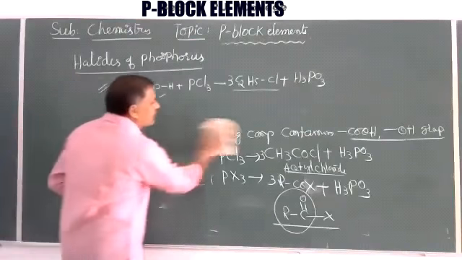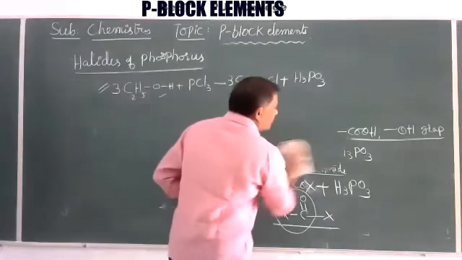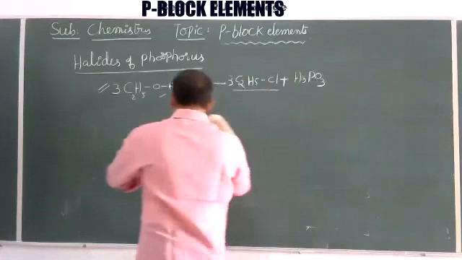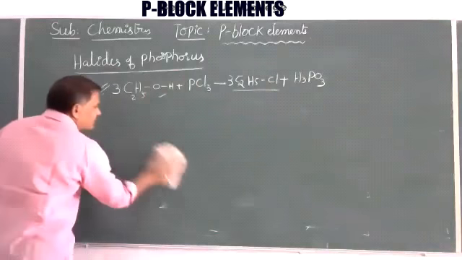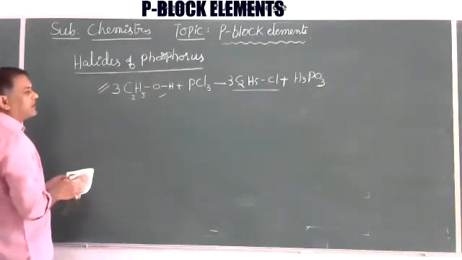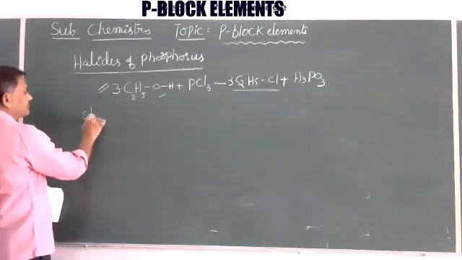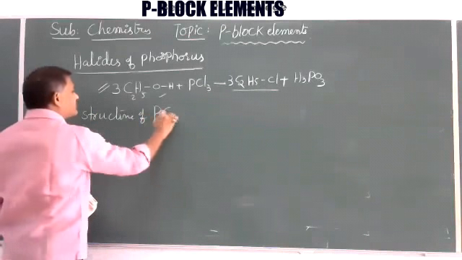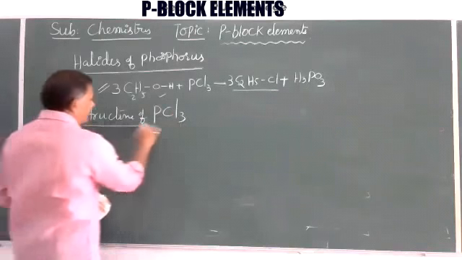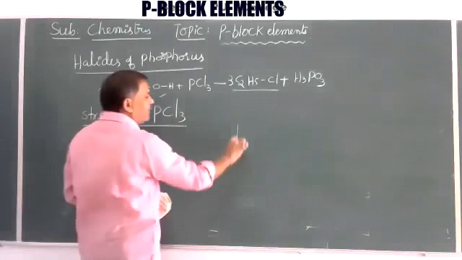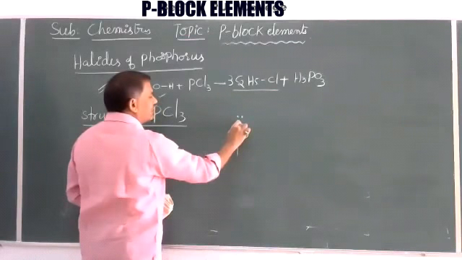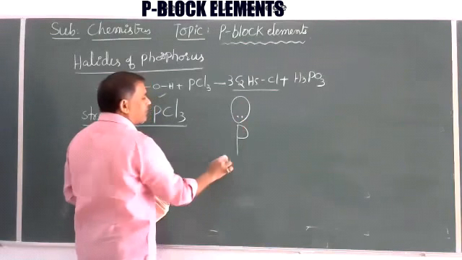After these 2 important chemical properties and general points, the structure of PCl3. In the structure of PCl3, phosphorus trichloride, the phosphorus valency we know is 5. Valence electrons 5 are there. 2 are like 1 pair.